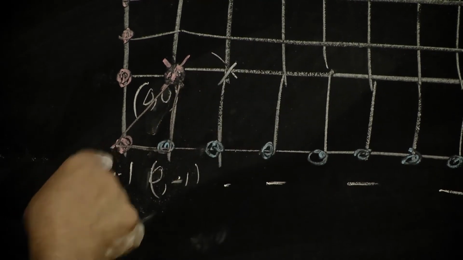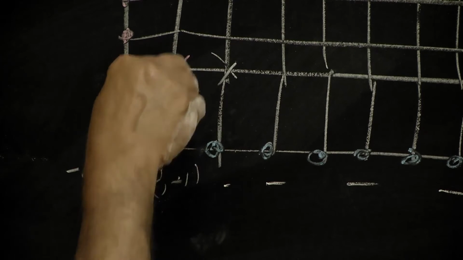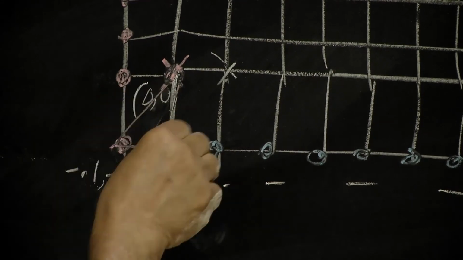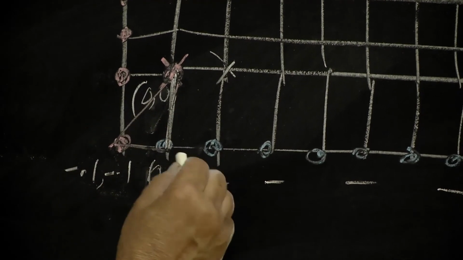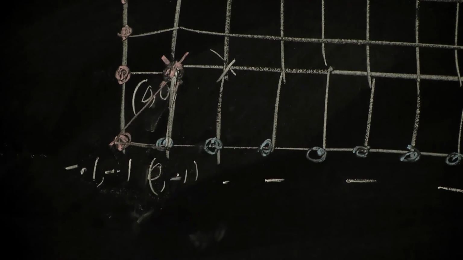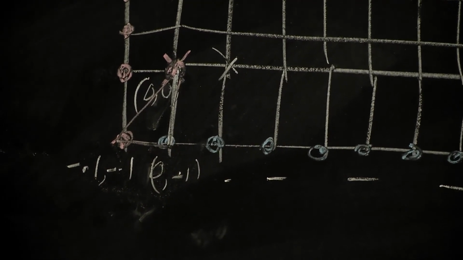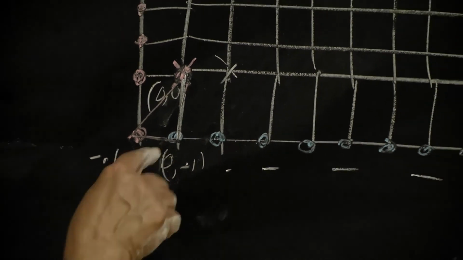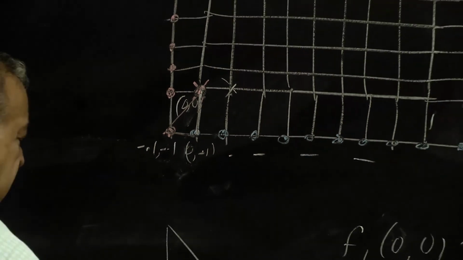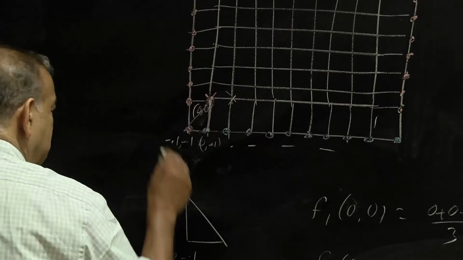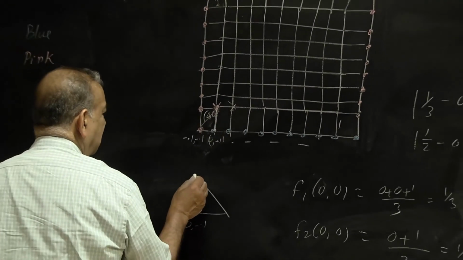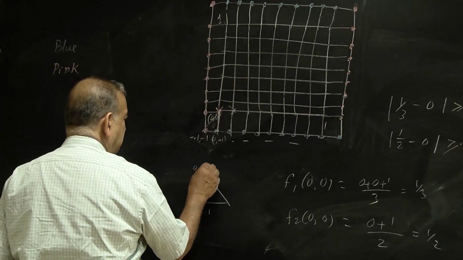Because if I toss this, and if this is the triangle with one side, can this be the third one? No, because when I look at this triangle, this one's coordinate is 0, minus 0.1. This one's coordinate is 0, 0.